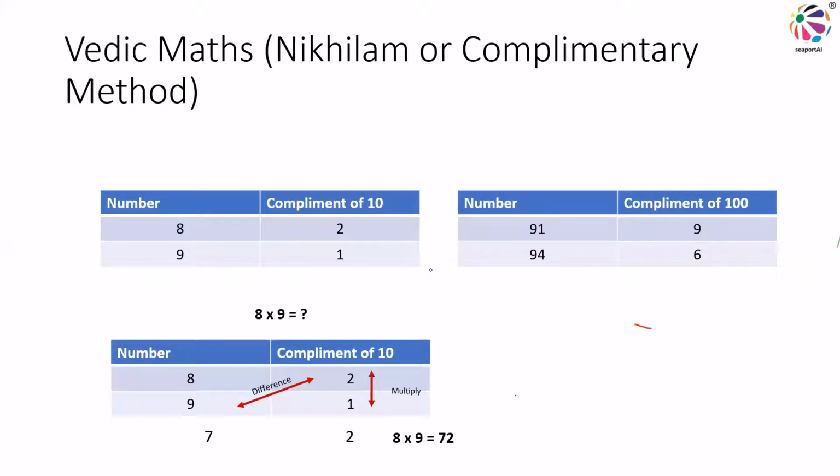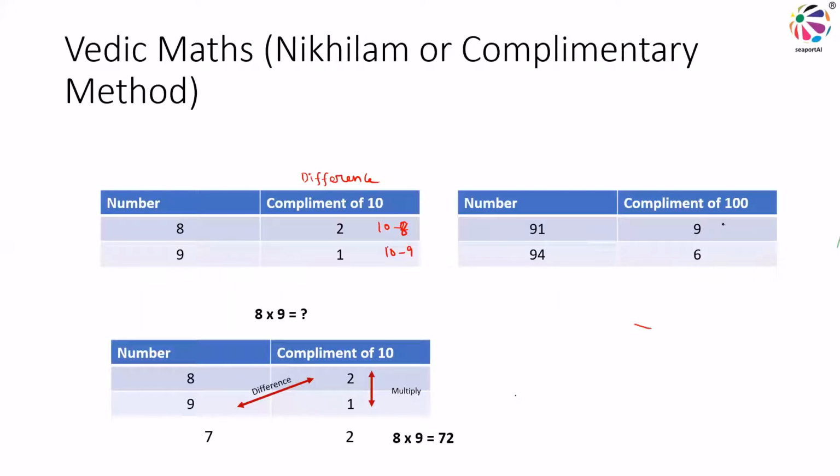If any of you do not understand, please ask the question. So how do you find the complement? The complement is the difference: 10 minus 2, sorry, 10 minus 8, 10 minus 9.